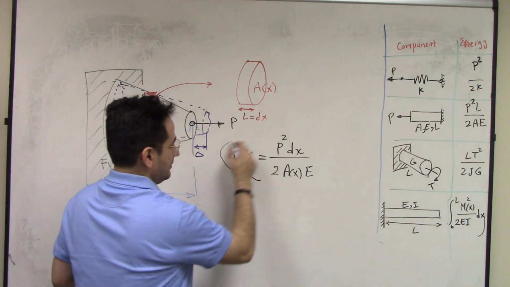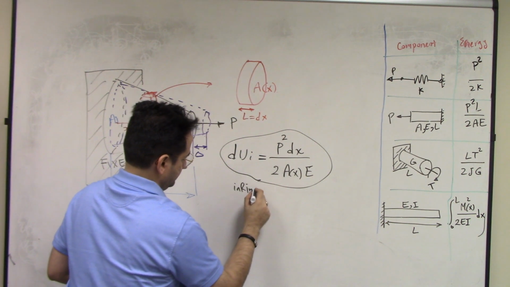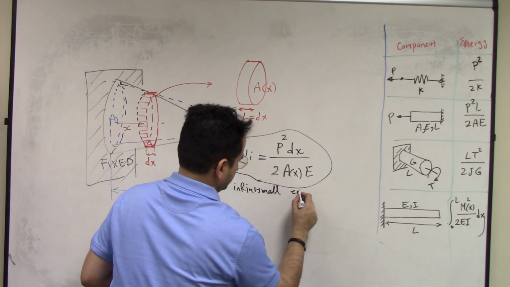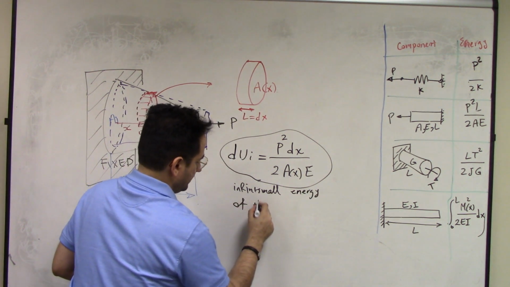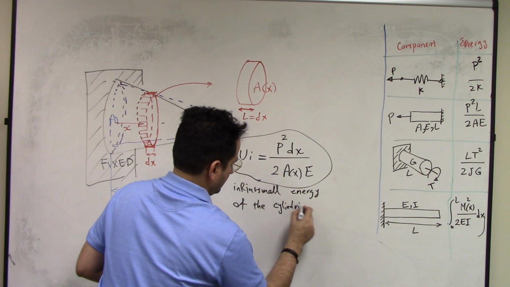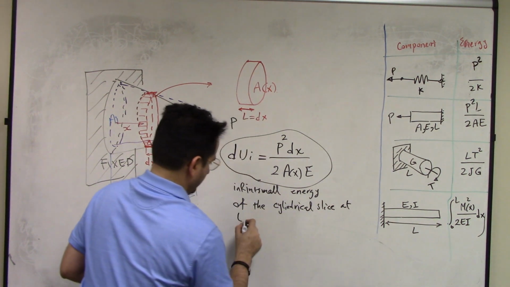So this is the small infinitesimal energy of this cylindrical slice at location x.